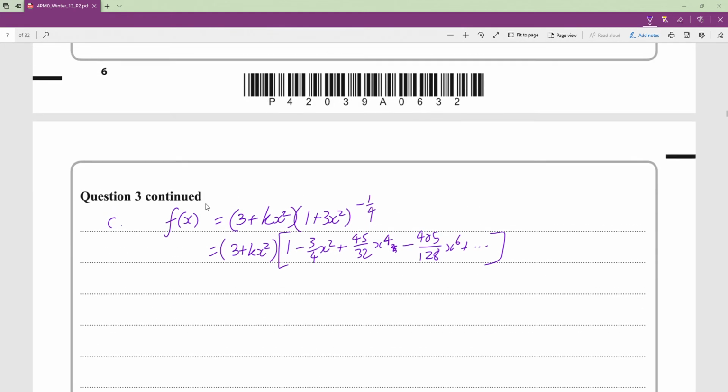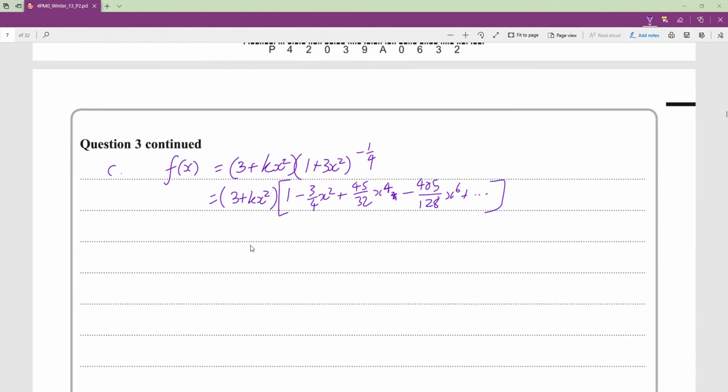And what do we do from here? We only want terms that are x to the 6 or less. So this is going to be equal to 3 times this expansion, because 3 has a term of x to the 0 and it will not affect the exponent at all.